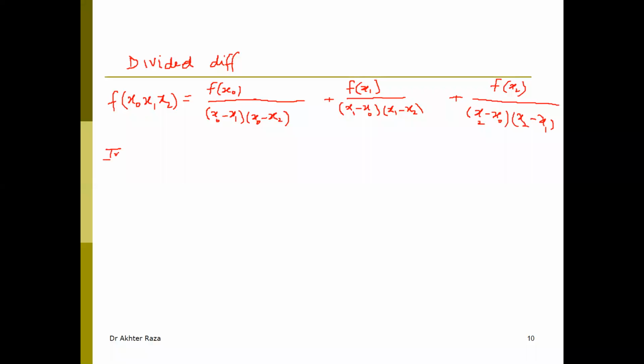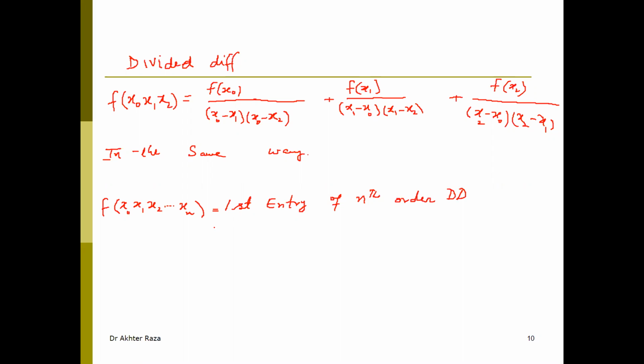In the same way, if we want to expand f(x0, x1, x2, and so on, xn), we call it the nth order divided difference, and this is basically the first entry of the nth order divided differences.